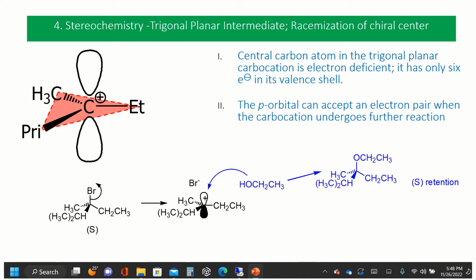If we attack above the ring, then we retain our configuration, but of course there's an equal chance that we can attack below the ring, and so we end up with a 50-50 mixture of the R and S, and so our species will therefore be a racemate.